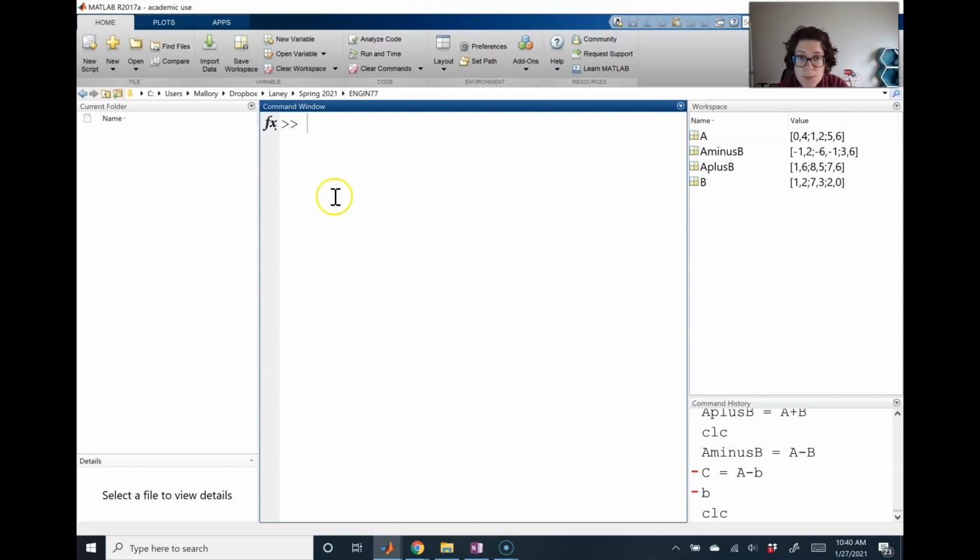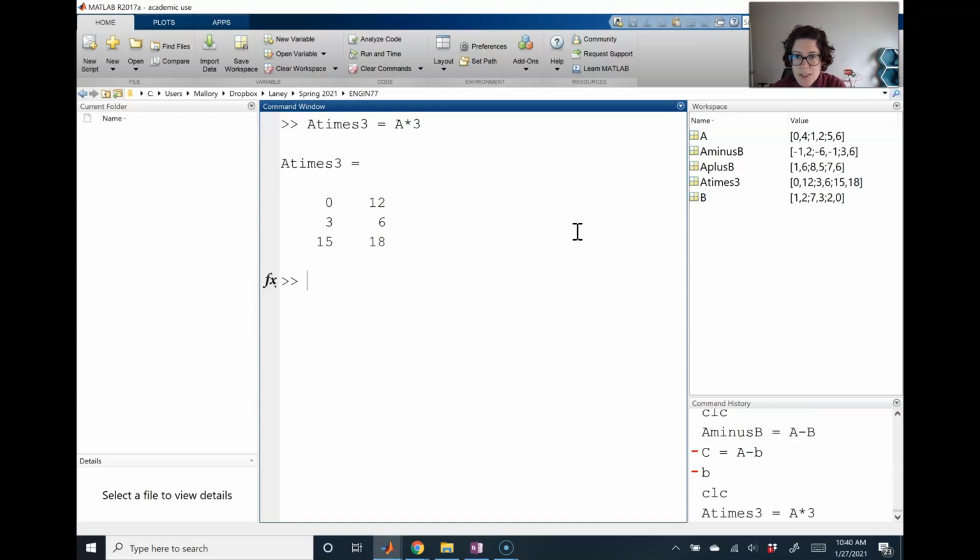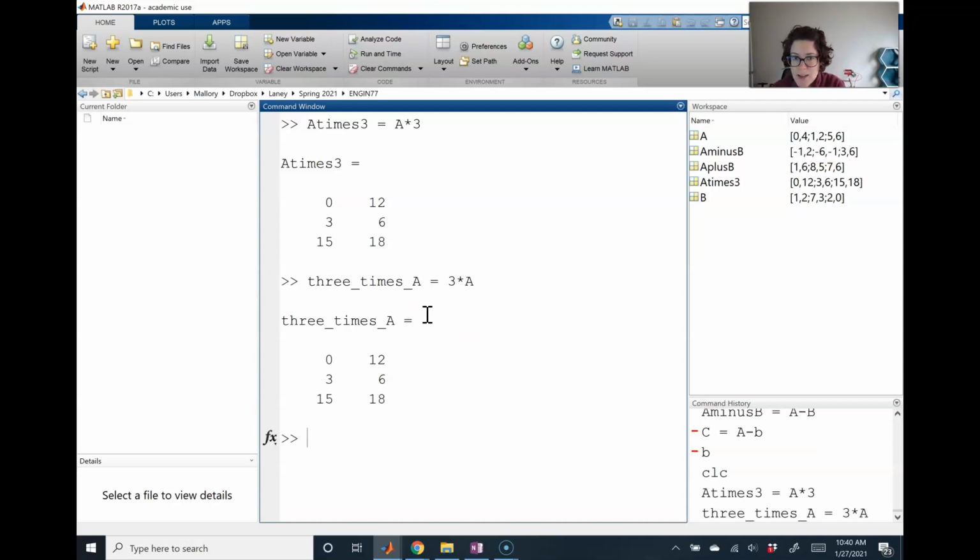We can also multiply by a scalar. So I could do A times 3. So here we have A times 3. Note this is the same thing as 3 times A. When we're multiplying by a scalar, that calculation is commutative.